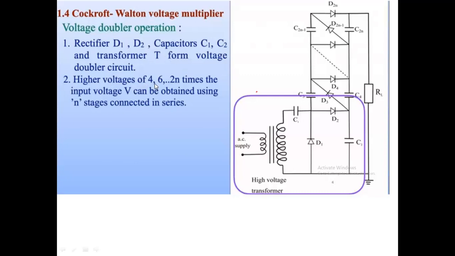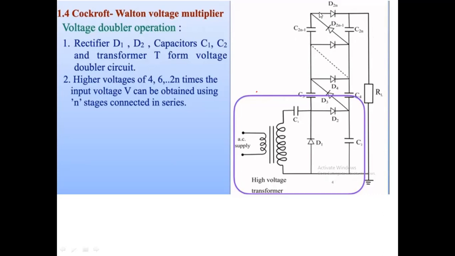The higher voltages of 4, 6, up to 2n times the input voltage can be obtained using n stages connected in series. Okay, so look, we have D3, D4, C3, C4, then D5, D6, C5, C6, up till D2N, C2N.